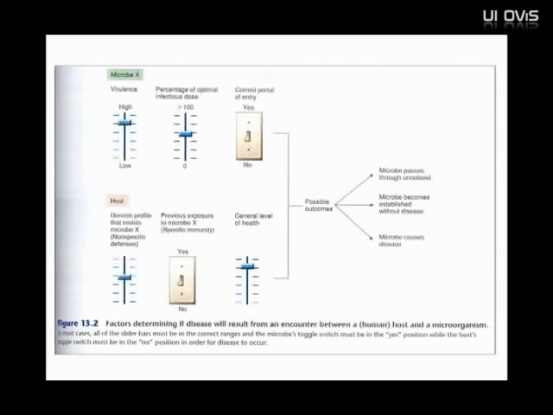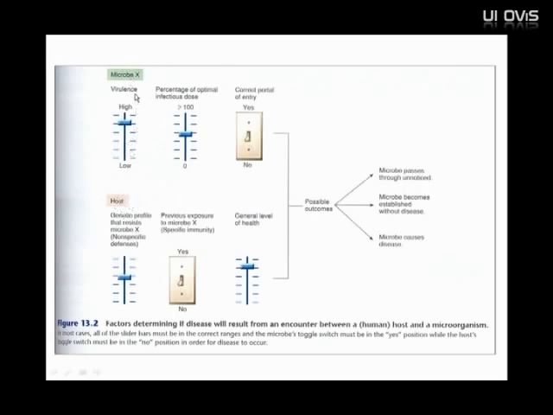In the first slide, we talked about the three main components of the disease. They are host, agent, and environment. This slide shows you the correlation between the microbe or the agent and the host.